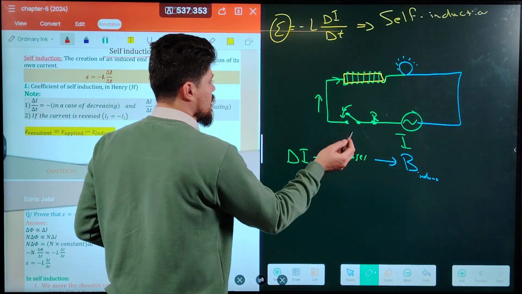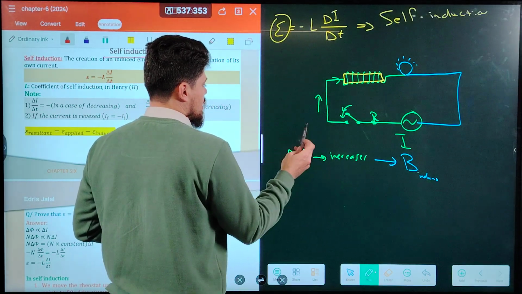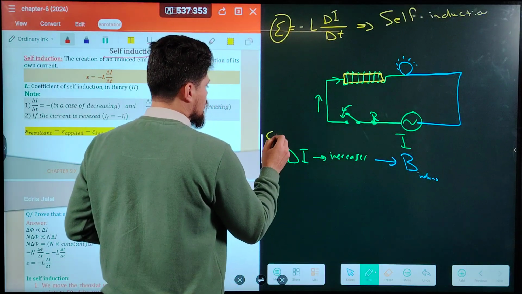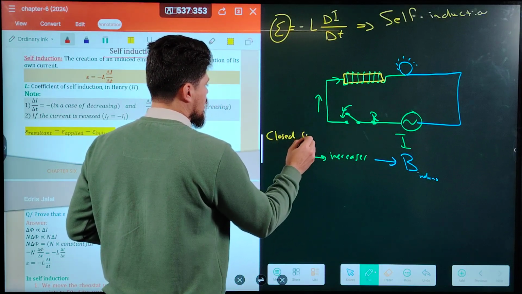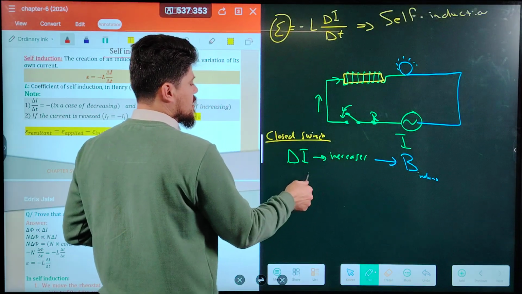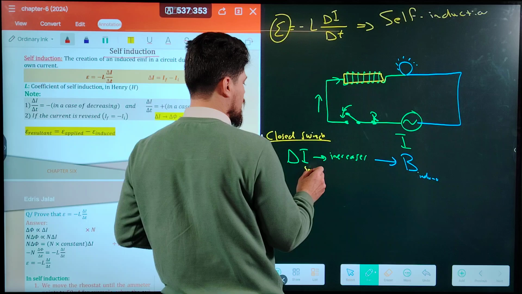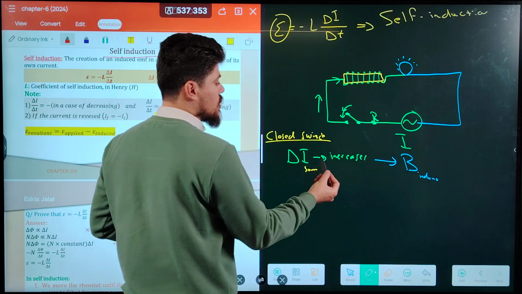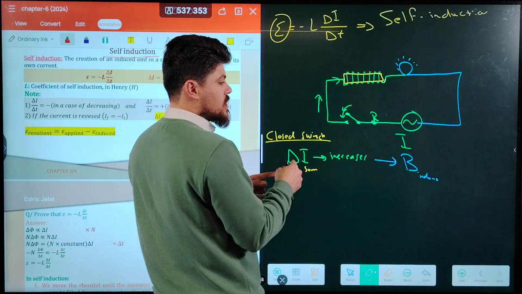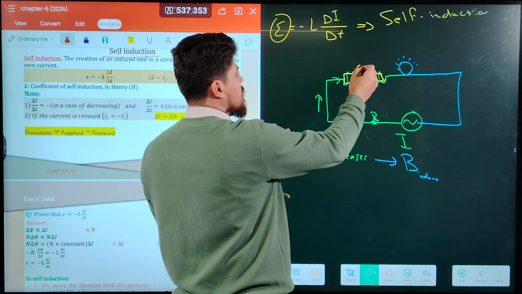By closing the switch, the amount of the current increases. When the switch is closed, the current of the source changes.